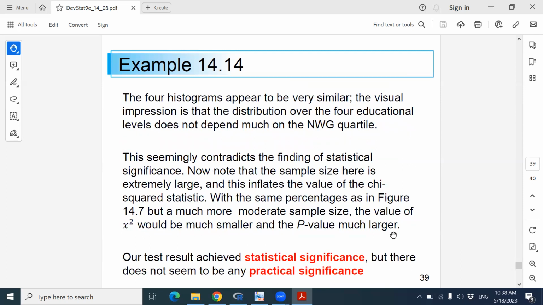So the difference between the observed and the expected cell count is practically not very important. So even though statistically we have a significant result, practically that difference is not important because the sample size is too large. Okay.